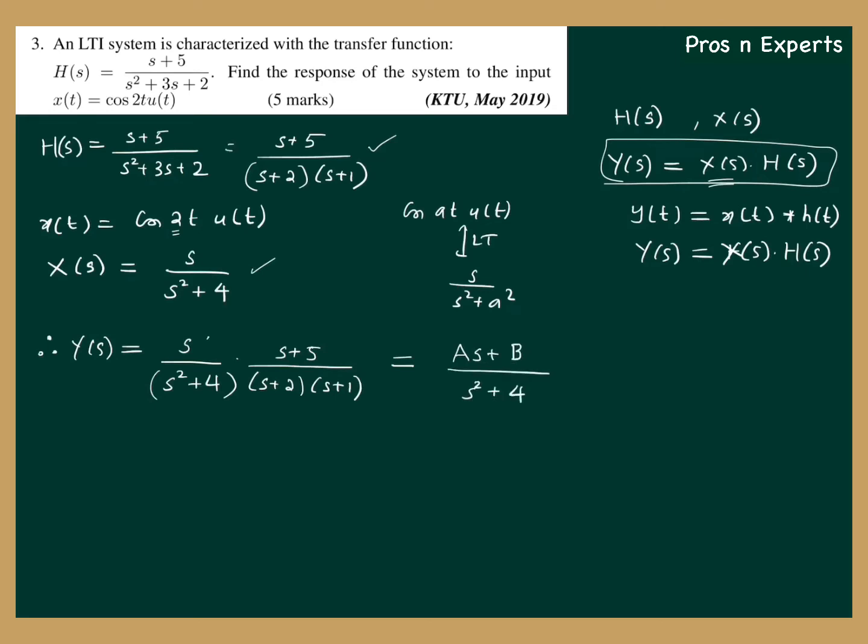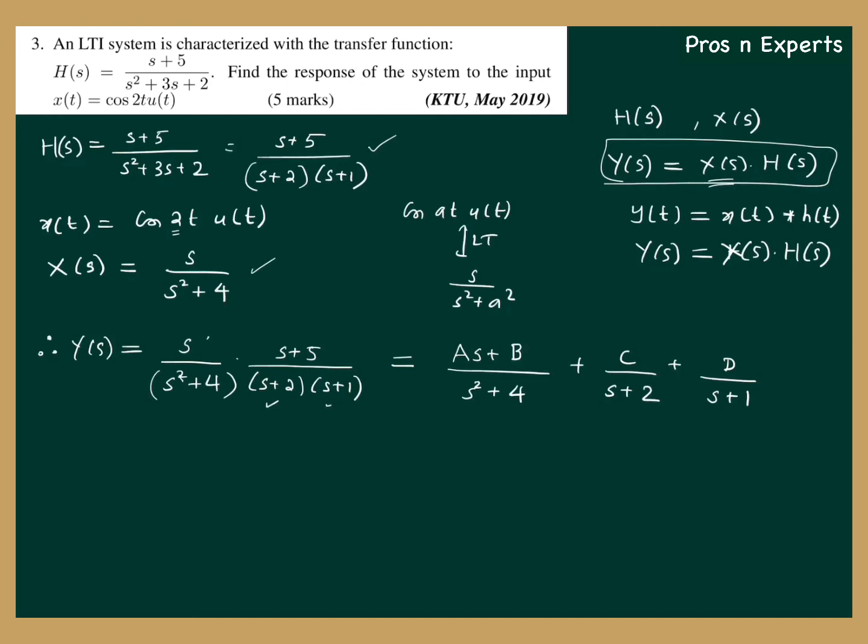The s square plus 4 term has power 2, so in the partial fraction I have to use As plus B, one power less. Plus C by s plus 2, for this factor, and for the final factor, D by s plus 1.